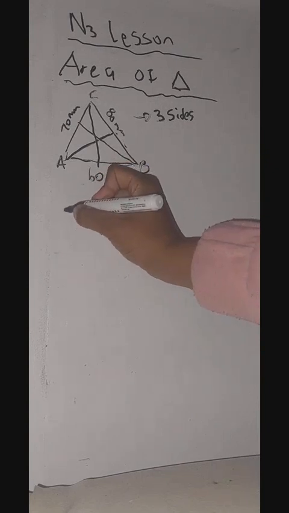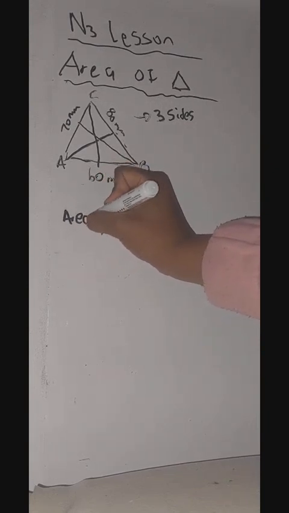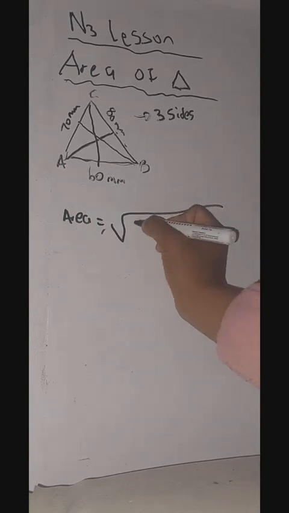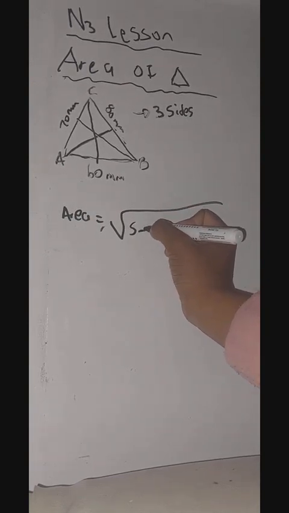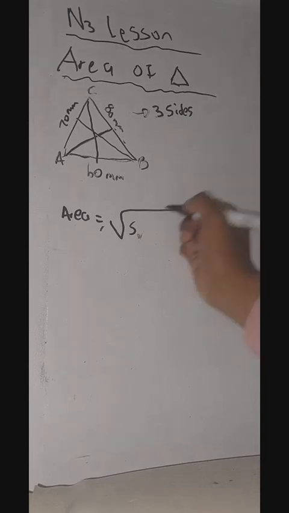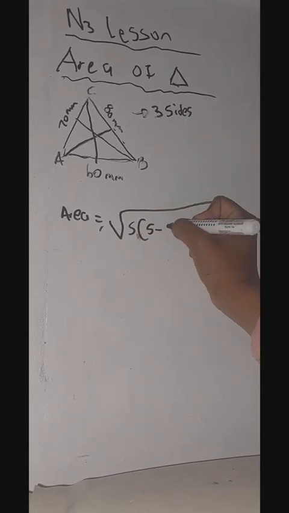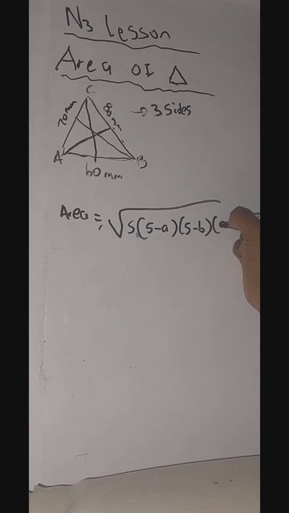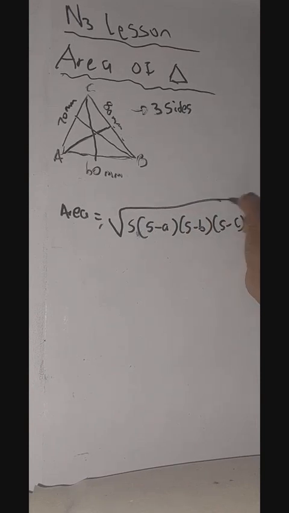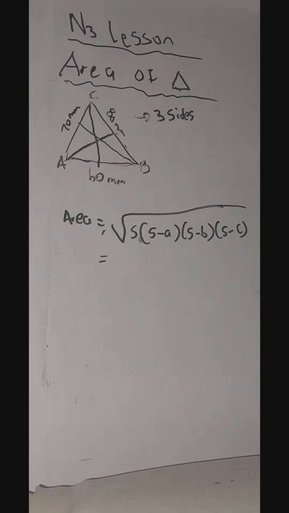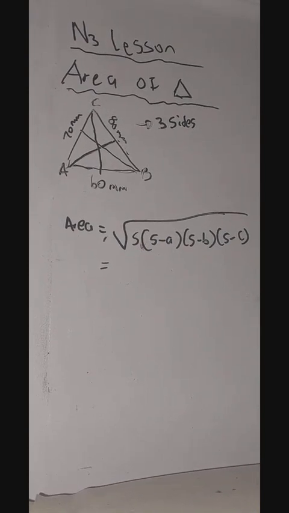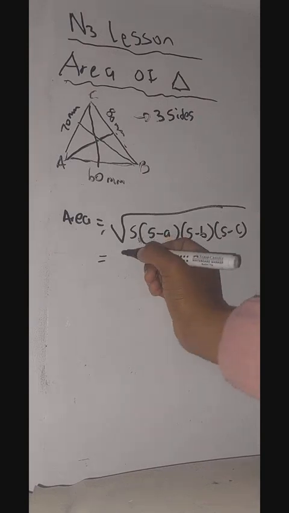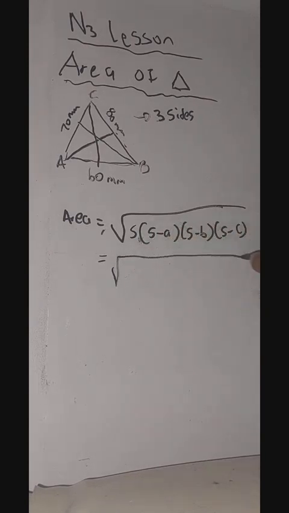So that means the area is going to be the square root of S times S minus A, S minus B, S minus C, right? So let's solve.